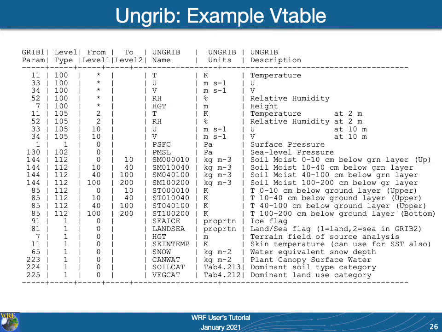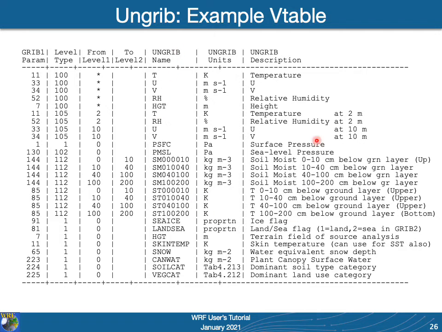So in this slide, we're looking at an example of a Grib Edition 1 vtable. In the left 4 columns here, this is the information that the Grib file uses to identify fields. So this Grib file, we can see, has parameter number 33, field number 33, at level type 100 and all levels, and there is no level 2 for level type 100.